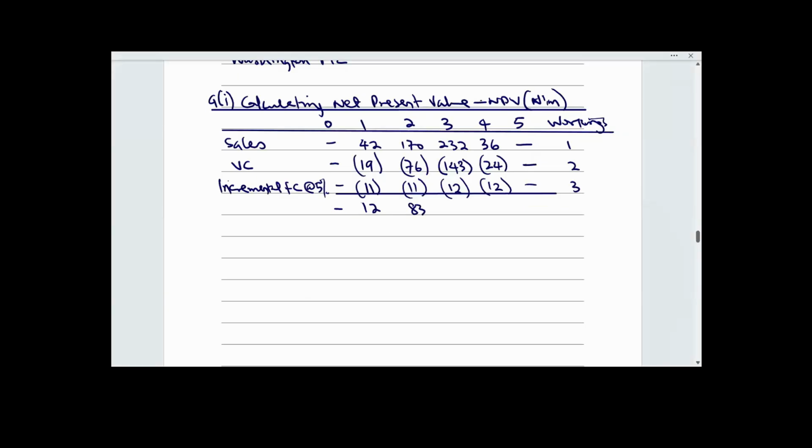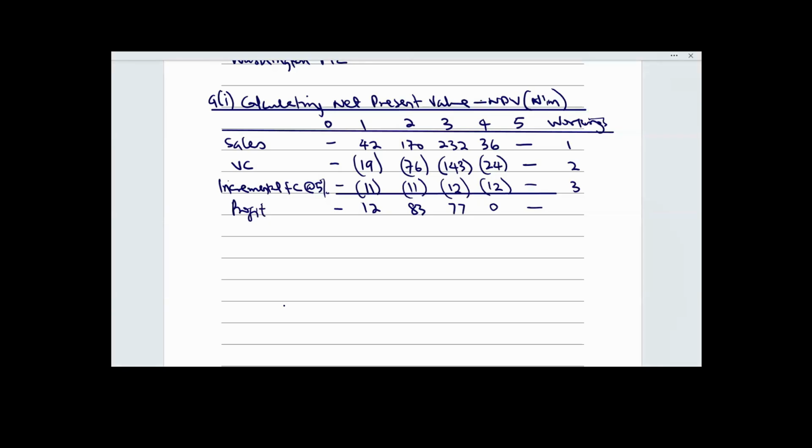Next, 232 minus 155, 77. That's 77 profits. Then after that, 36 minus 36 will give us 0. Then we have dash. So these are profits.